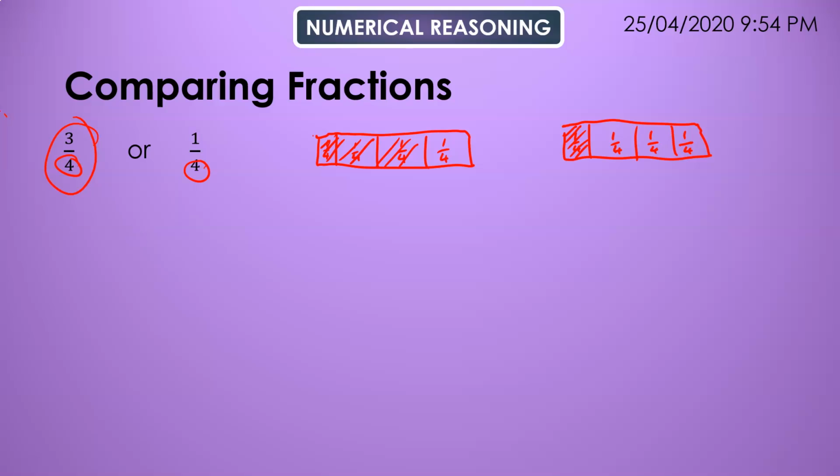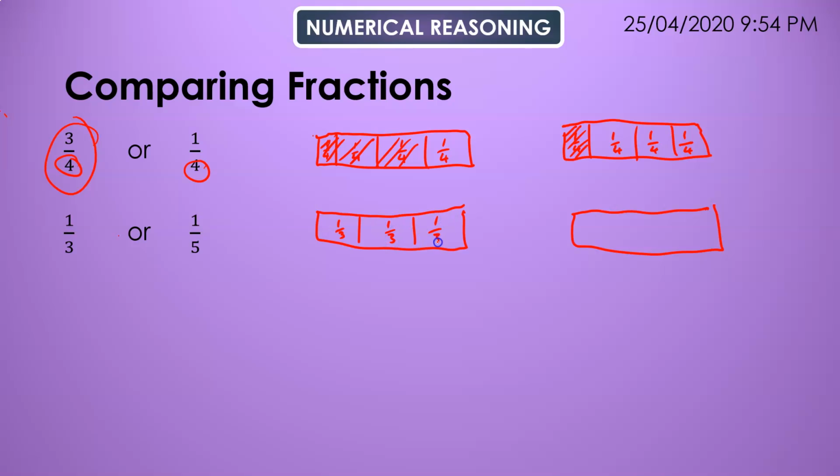However, they're not always as simple as that. You can see in this question, what we've got is 1/3 and 1/5. So again, if I take my two wholes, in this case here, I've got one object divided into 3, so that's a third. 1/3, third.